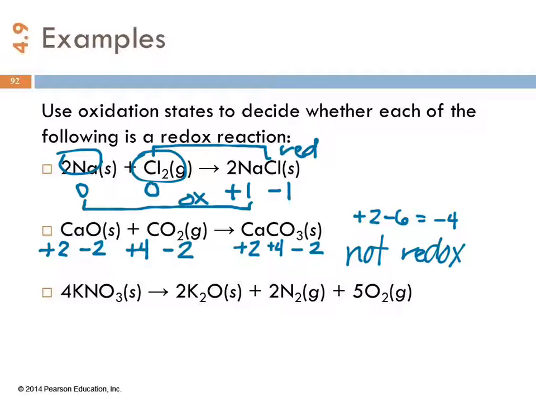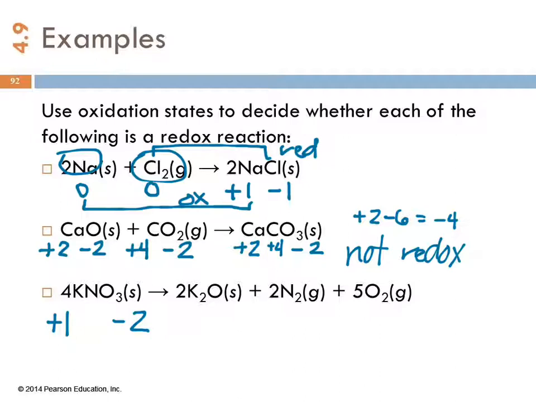Okay, let's look at this last one. So think about it. What's the oxidation number on the potassium? +1. How about on the oxygen? -2. What about the nitrogen?